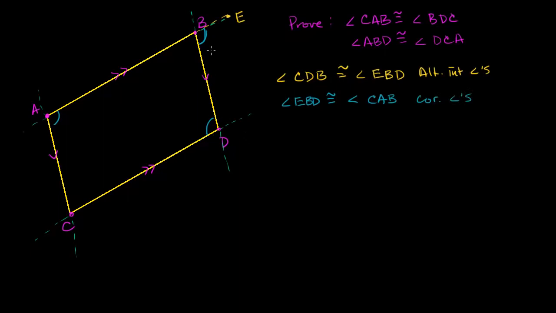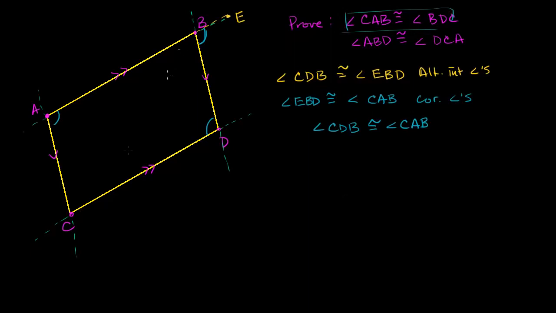And so if this angle is congruent to that angle and that angle is congruent to that angle, then they're congruent to each other. So angle CDB, or we could say BDC, is congruent to angle CAB. So we've proven this first part right over here.